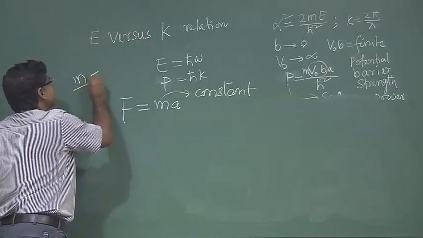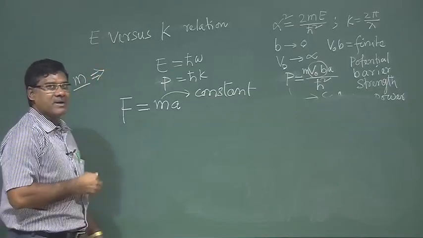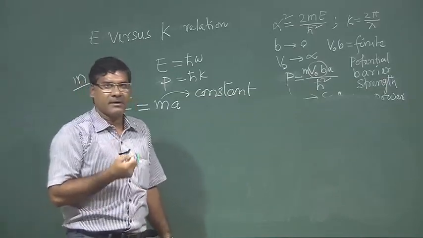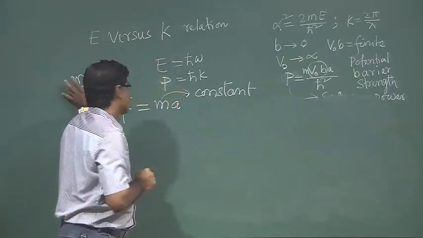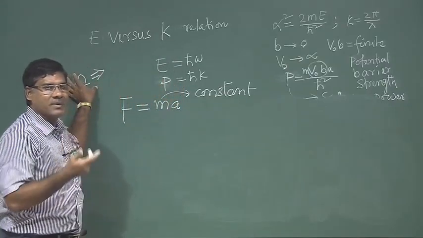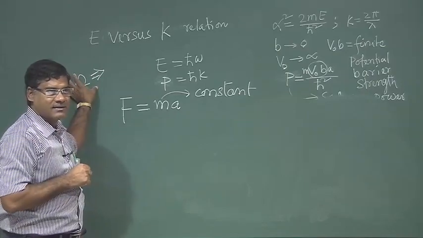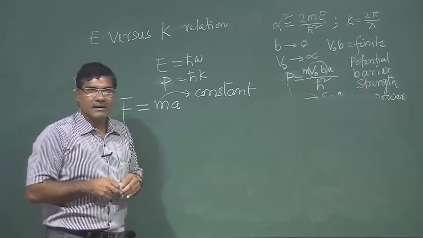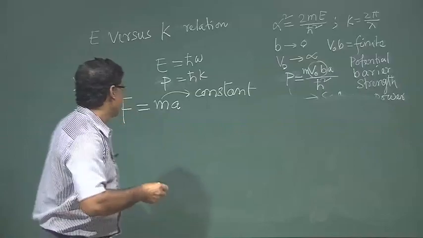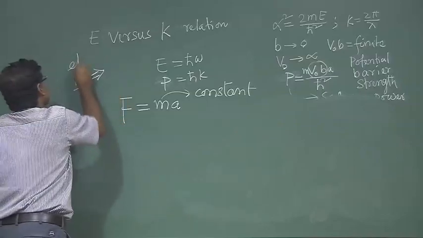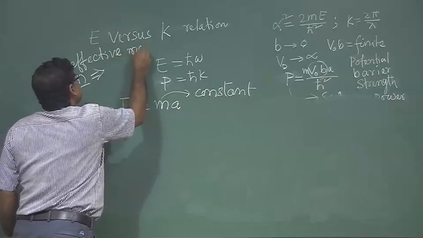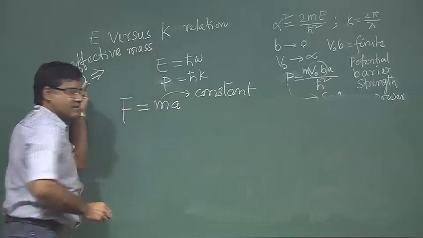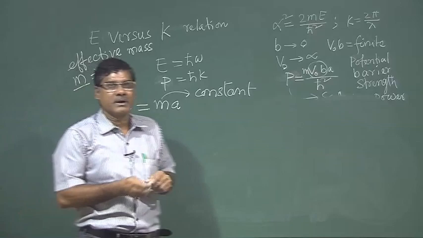We will see that m is not constant, it varies, and even becomes negative. That is why it is called the effective mass of the electron in a crystal.